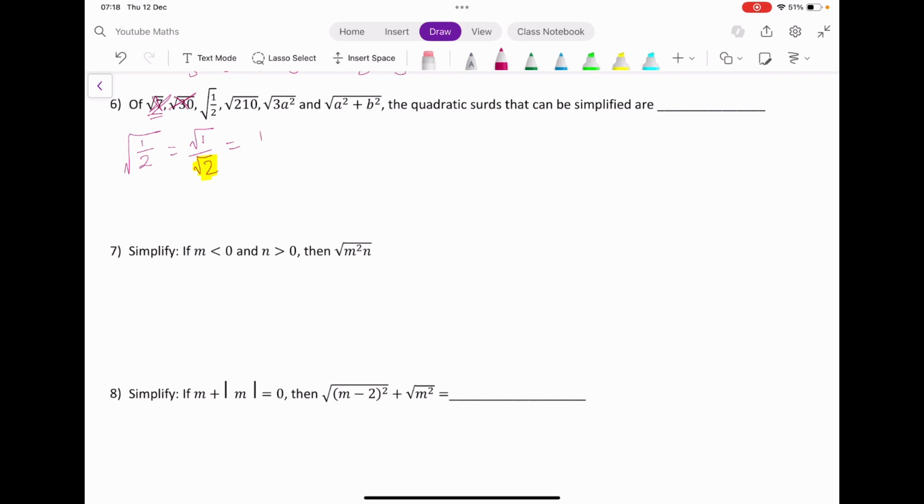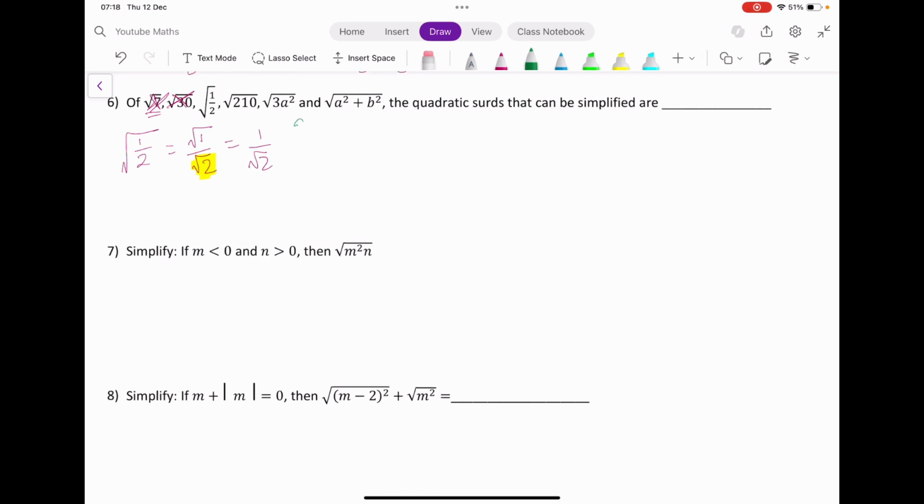So root 1 we know is root 1, so it goes to here. Now in order to, we call it rationalising the denominator.